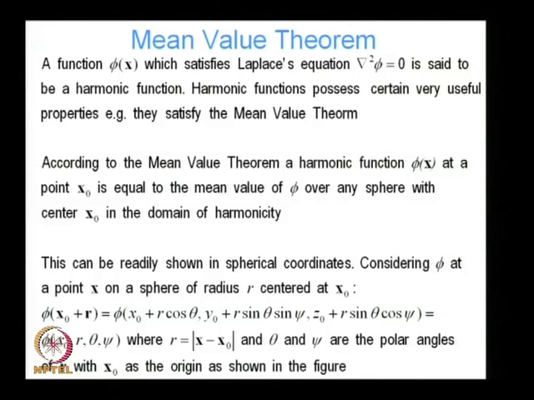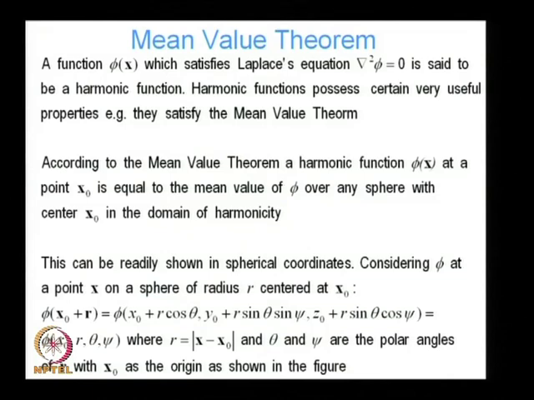So, we are going to consider phi at a point x on a sphere of radius r centered at x0. So, phi at x0 plus r, in spherical coordinates, is phi evaluated at x0 plus r cos theta, y0 plus r sin theta sin psi, z0 plus r sin theta cos psi, where x0, y0 and z0 is the origin of my spherical coordinate system.